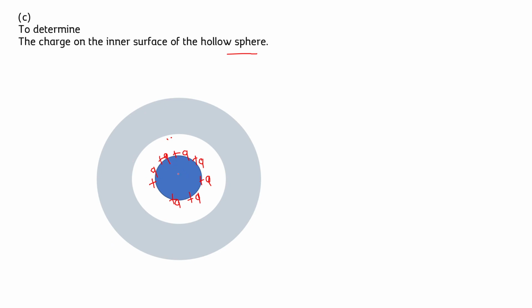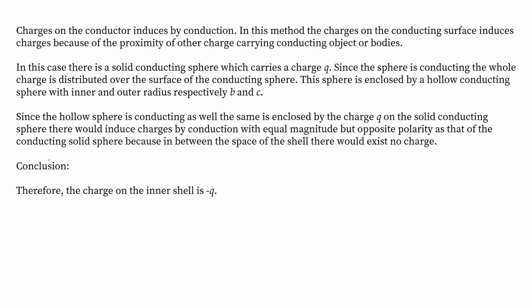So we can say that if the charge value of this is Q, capital Q, the total charge collected on the inner surface would be minus Q. The reason is the hollow sphere is conducting as well as enclosing a charge Q, or the solid conducting sphere, there would be induced charges by conduction with equal magnitude but opposite polarity as that of the conducting solid sphere, because in between the sphere and the shell there would exist no charge. So we can say that the charge on the inner shell is minus Q.